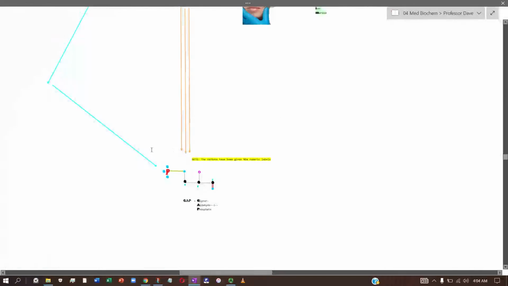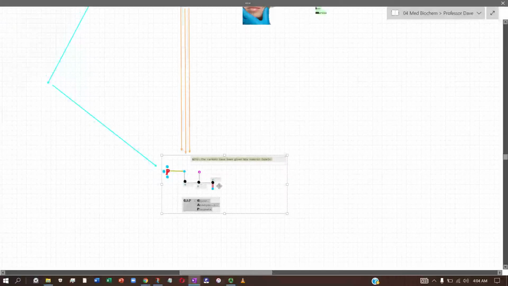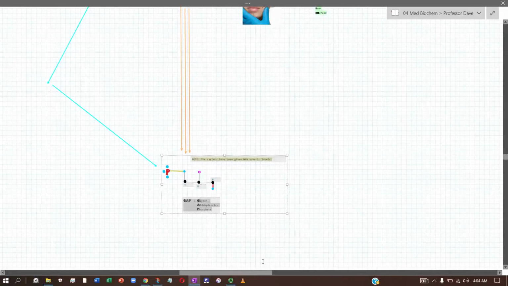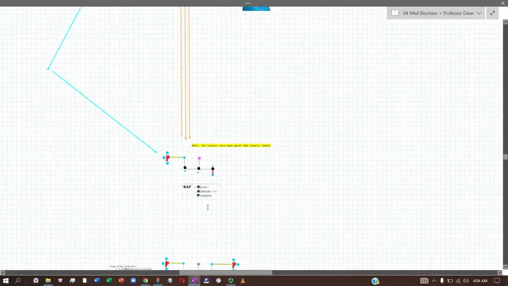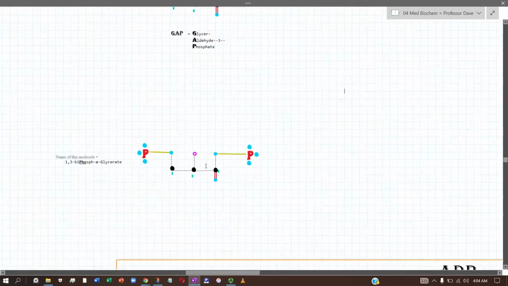What this implies is that moving forward, whatever is happening to this one GAP molecule is happening to another similar amount of GAP molecules. So anything moving forward is double, as I'm sure you remember.